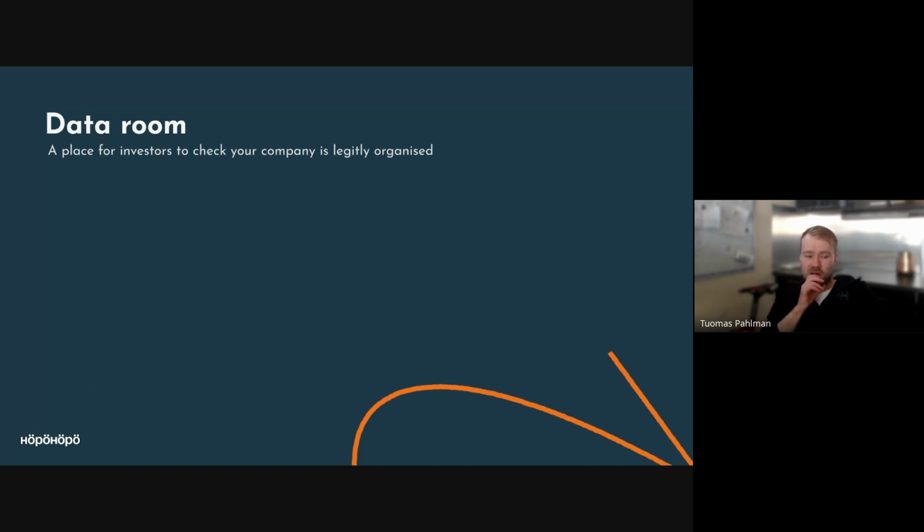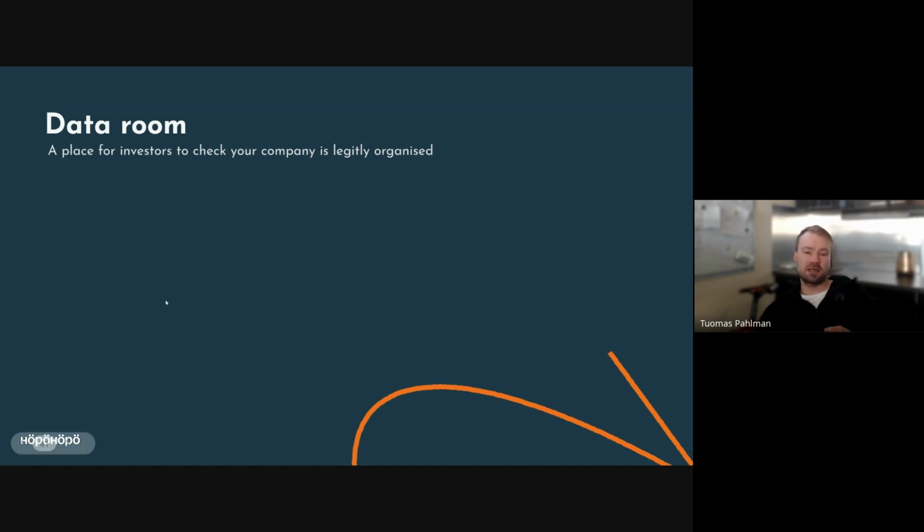A few things around the data room. What is the data room? Naturally, there's the pitch deck and company documentation, but around the data room there's a lot of mystique. It's simply a place for the investor to check that you're legitimately organized. Don't stress about it. You will have a lot of boring stuff there that lawyers like, I don't.